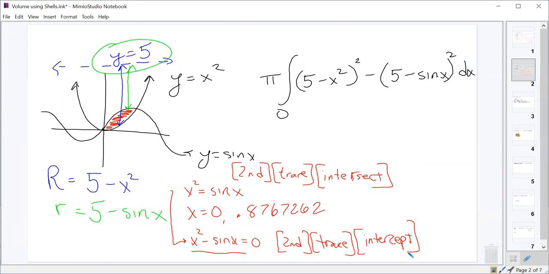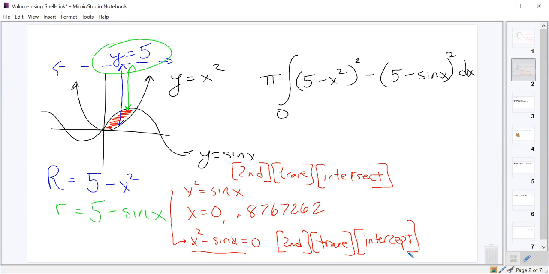All right, so did you clear out the other graphs and just leave the one graph there that you're trying to use? Perfect. Everybody at the graph window with just x squared minus sine x there, and it says left bound? Make sure you are to the left of the x-intercept that you are trying to find.